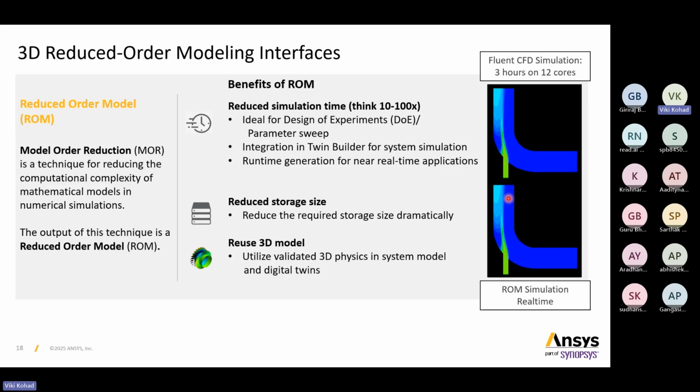There is no difference in the results, but a very large difference in your simulation times. It is the actual time, and it requires around 3 hours to simulate this behavior. It means by using the ROM model you can speed up your simulation by 10 to 100x.